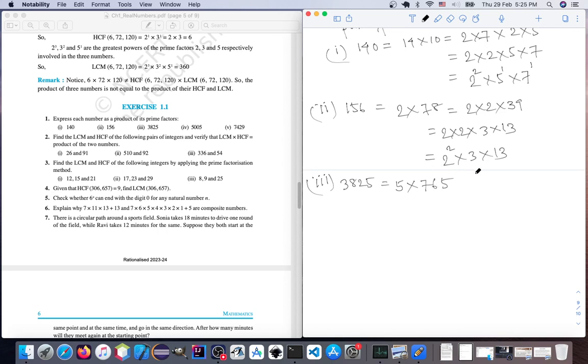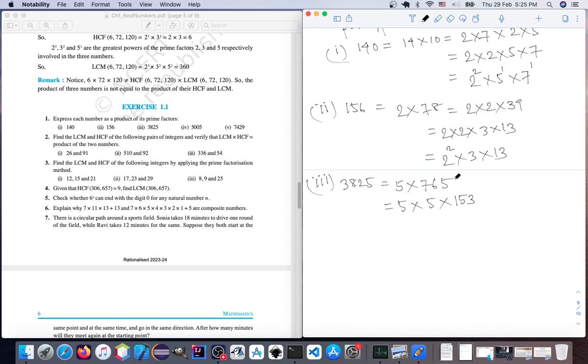So this is this. Now we again factorize 765. 5 into 153.